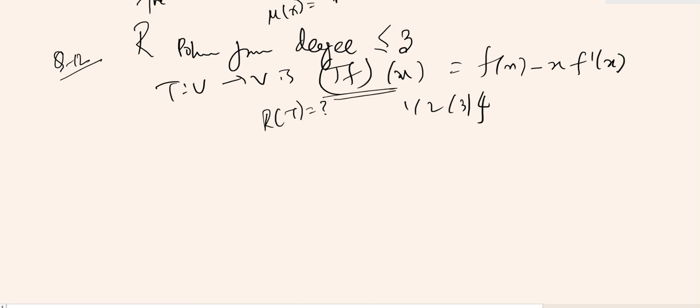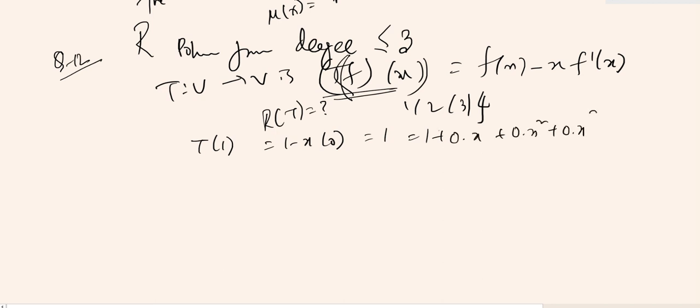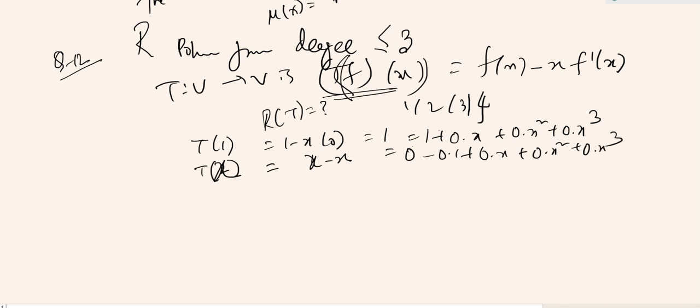T of f of x, this is the main formation. So T of 1 is 1 minus x of 0. So 1, so 1 plus 0 into x, we can say. Tx is x minus x, equal to 0, 0 into 1. Then T of x squared.